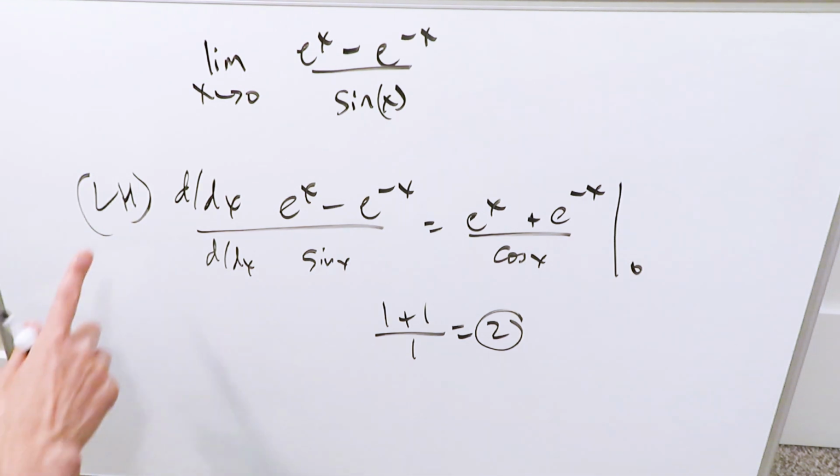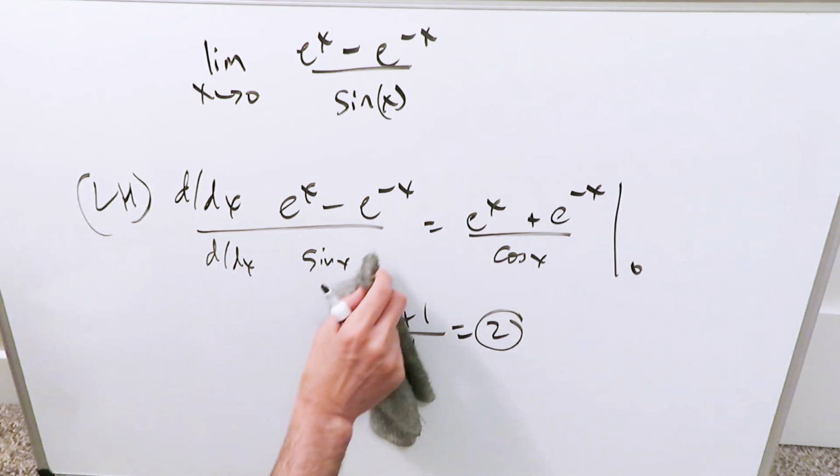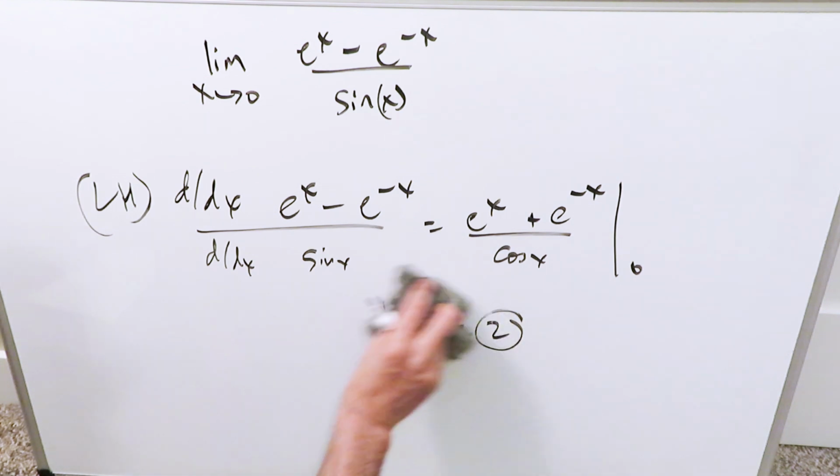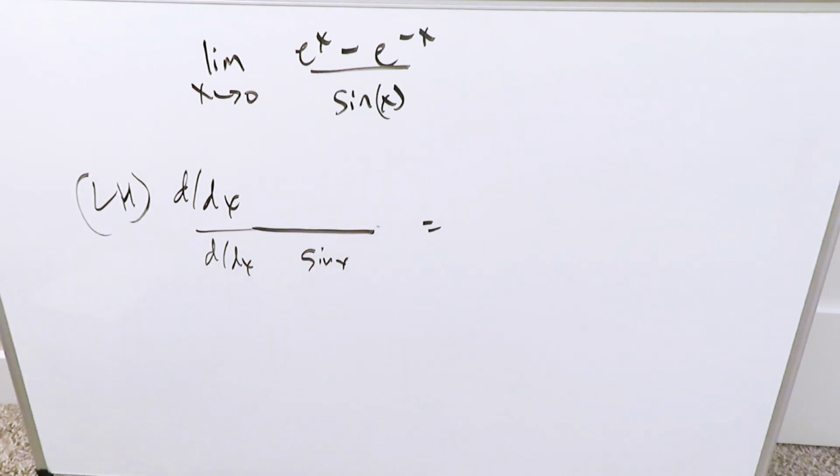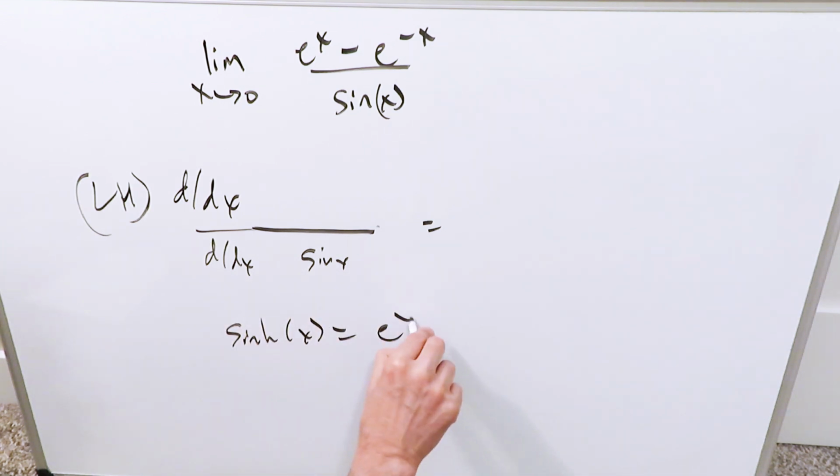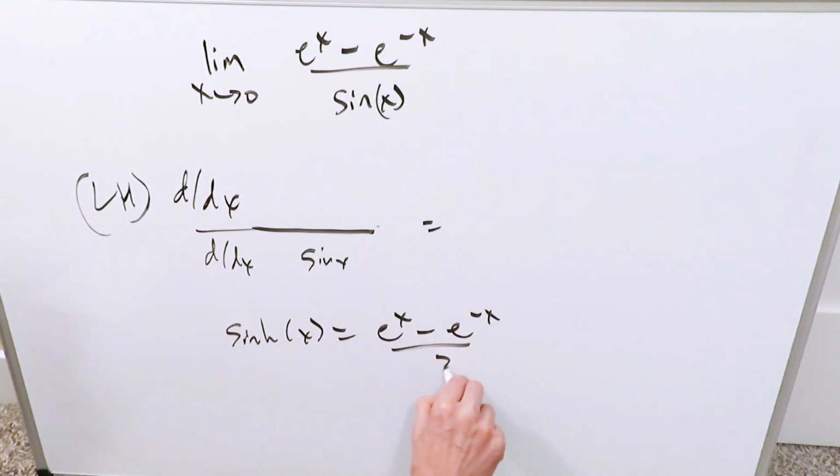That's one way. Let's look at a different way. How could we have approached this differently using the same technique? If you look at the numerator function, I think of the hyperbolic sine function, which I know to be e to the x minus e to the minus x, over 2.